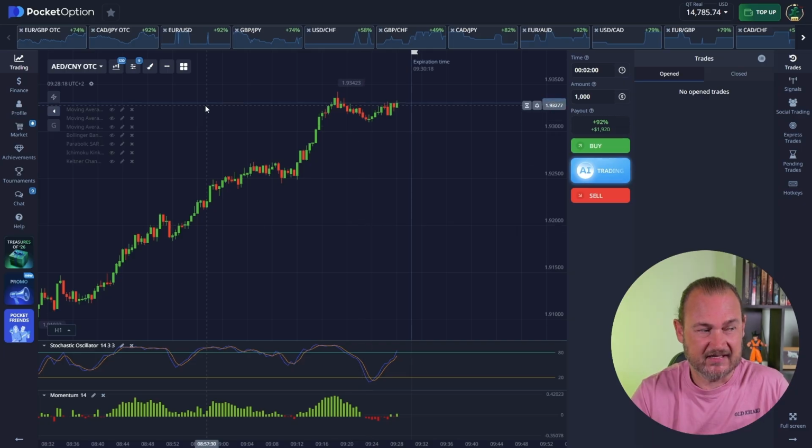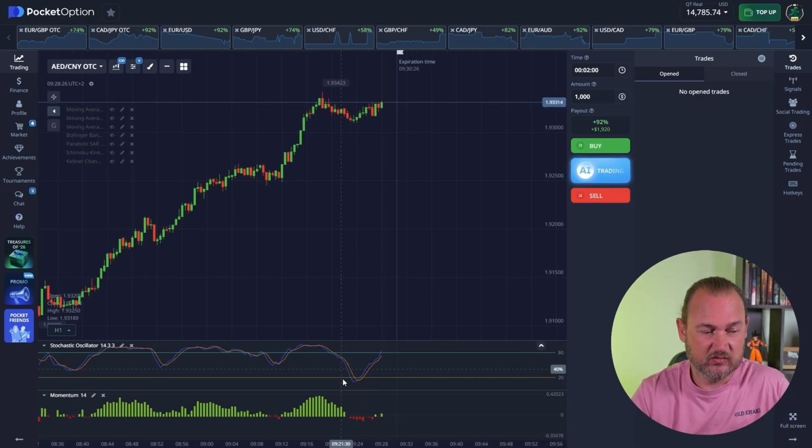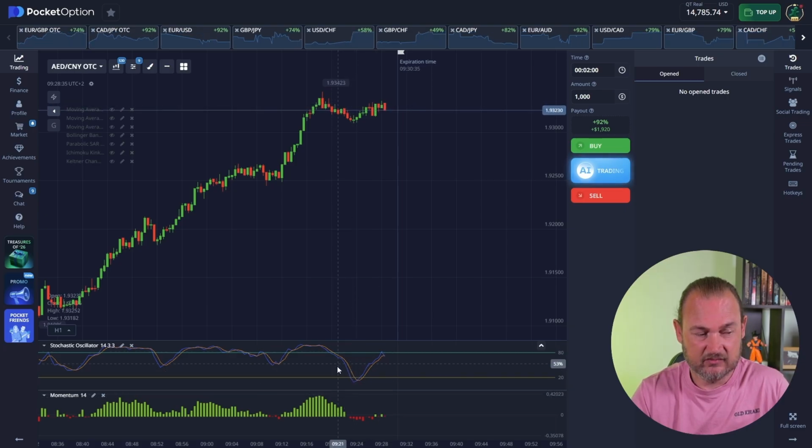If this was a downwards trend instead of an upwards trend, I would have taken this entry here, no hassle. But because we are not in a bearish move, this would not be considered a decent trade.